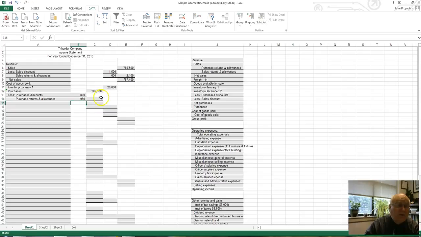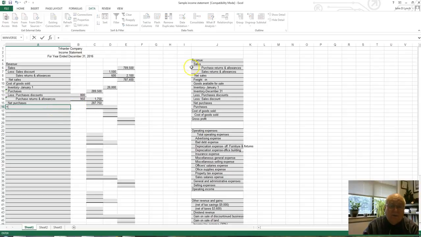We add the purchase discounts and the purchase returns and allowances, $800 plus the $950, and that will give us our net purchases. We take $289,500 minus the $1,750 to get $287,750 for net purchases.